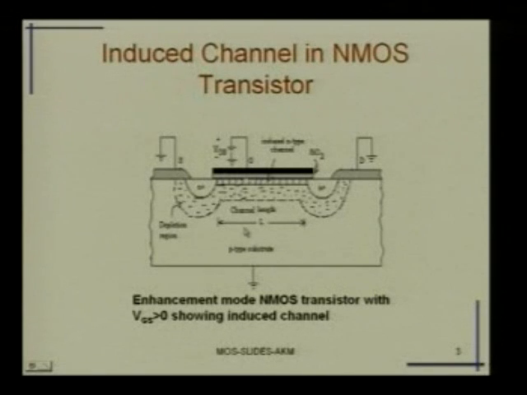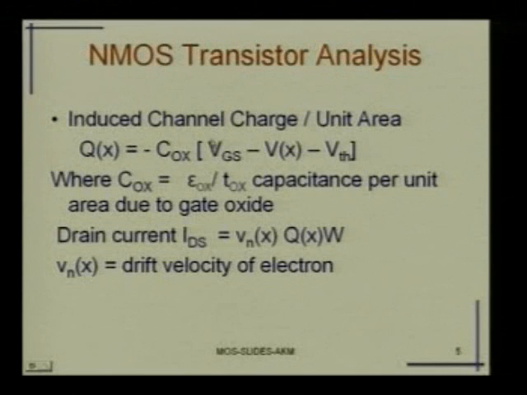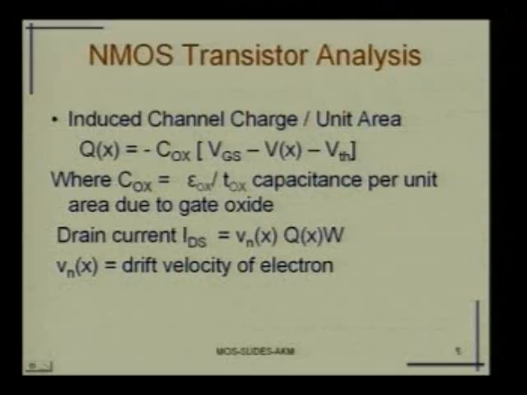So, in this environment, what is the expression for the charge? Charge is VGS minus Vx, the voltage at a particular point, minus V threshold. Why V threshold? Below that threshold, effectively we do not have any mobile charge available, and COX is the capacitance per unit area.